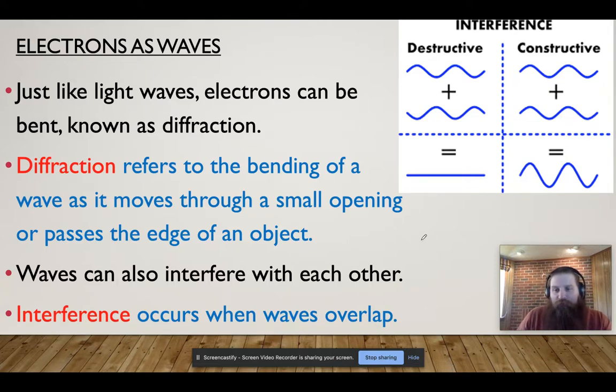So if I set up my electron gun, and this is shooting electrons out as particles, and I have a screen set up, and the screen is solid except for two slits, I can actually start to build a pattern that looks like this.